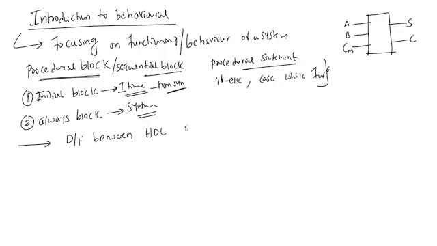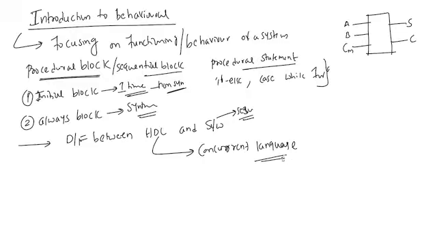In the starting class, I told you, software language is serial in nature, sequential. It will execute one instruction by one instruction, whereas HDL is a concurrent language. That means parallel execution will happen in HDL.